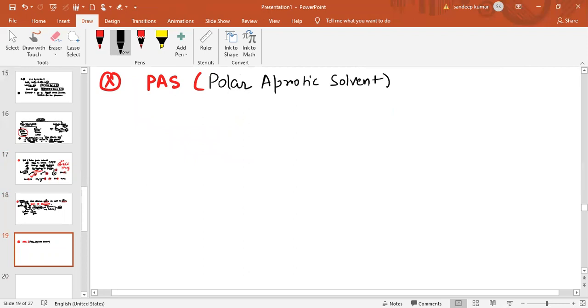So basically, see the features of polar aprotic solvents. First, they are also polar in nature.